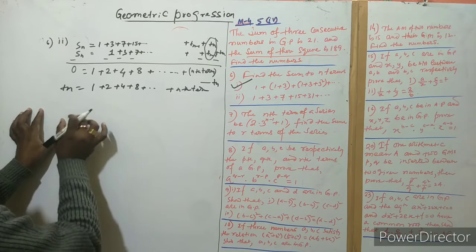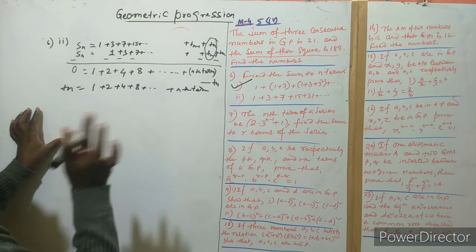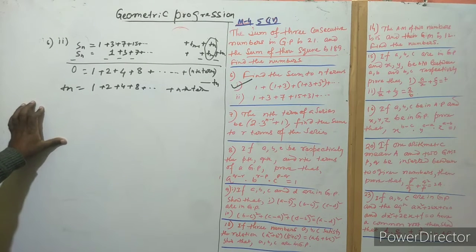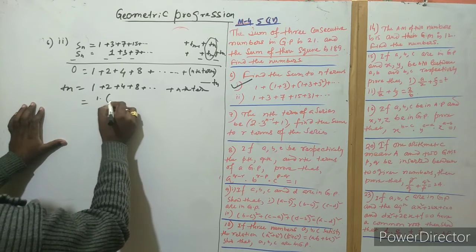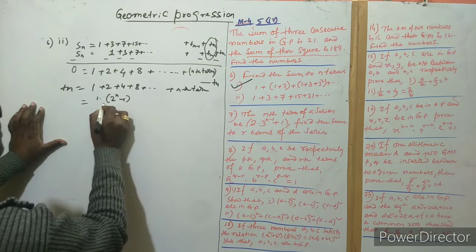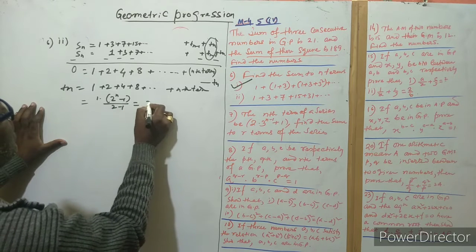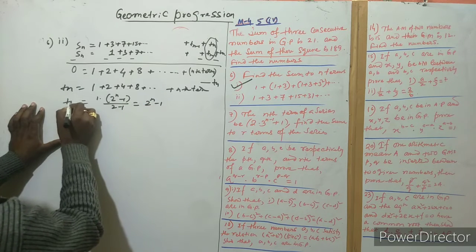Actually, I mean to say this Tn is the nth term of this series, with the sum of this series. Okay, and this is 1, and this is 2 to the power n minus 1 by 2 minus 1. So actually this is 2 to the power n minus 1, this is Tn.